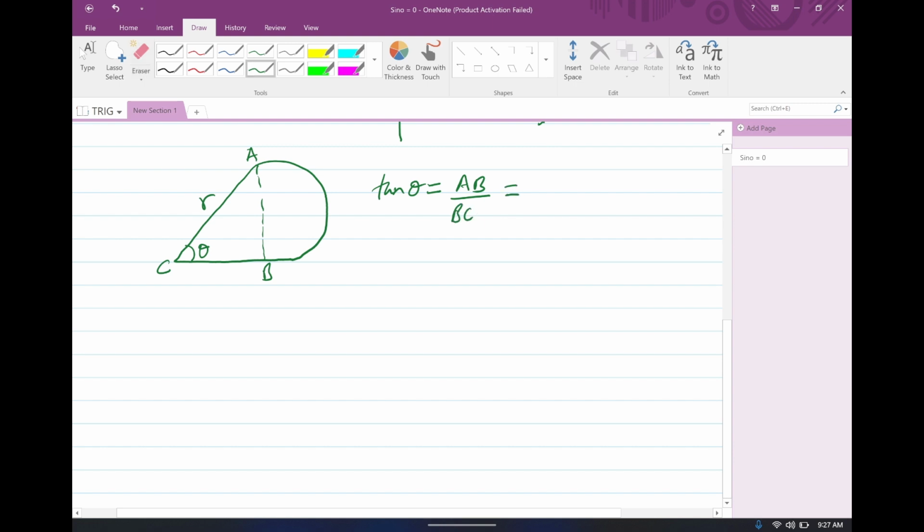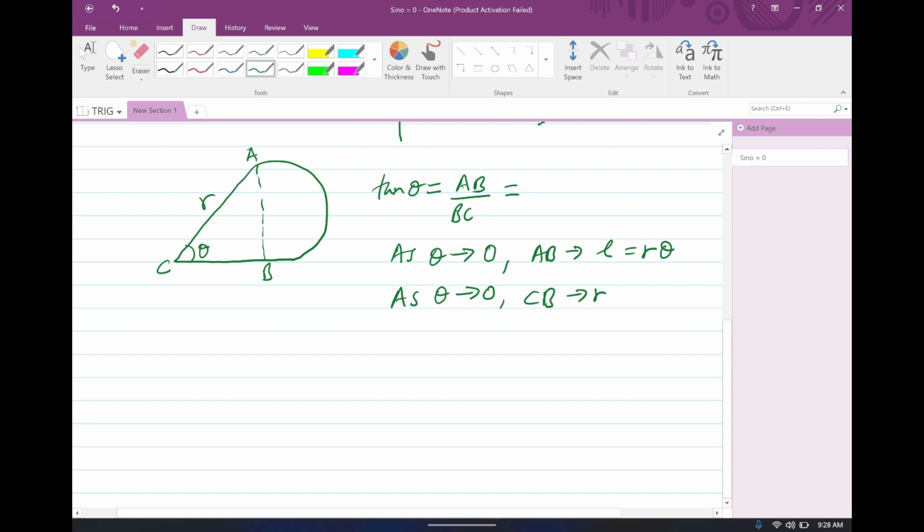Now, one thing you need to know, as the value of theta tends towards 0, AB tends towards the arc length, which is given by r theta. Again, as the value of theta tends towards 0, the distance CB tends towards the radius.